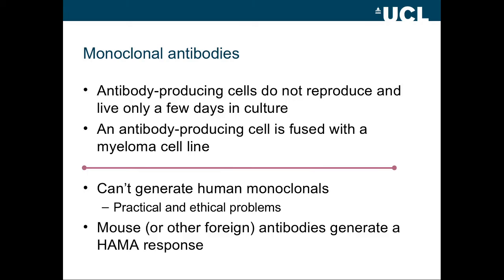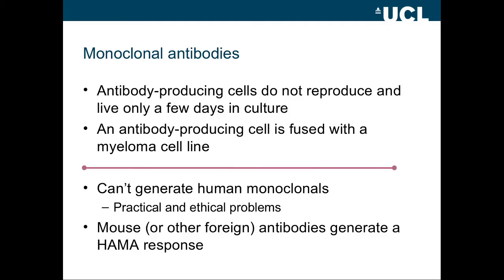So antibody-producing B cells don't reproduce and only live for a few days in culture. So the traditional route of producing a monoclonal antibody is to take one of these antibody-producing cells and fuse it with a myeloma cell line. Now this immortalizes the antibody-producing B cell, and the cell can carry on dividing and producing antibodies.